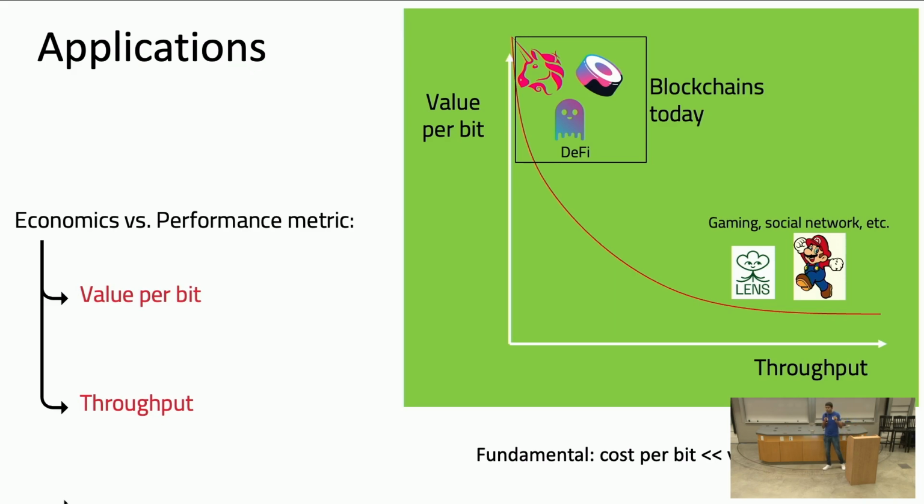If you're transacting a $100,000 Bored Ape, it's okay to pay a $50 fee or a $100 fee. But if you are transacting a tweet, you cannot pay much. So the cost per bit, the cost basis that you're operating under, has to be much lower than the value that is being transacted. Otherwise, it's going to be infeasible to use it.